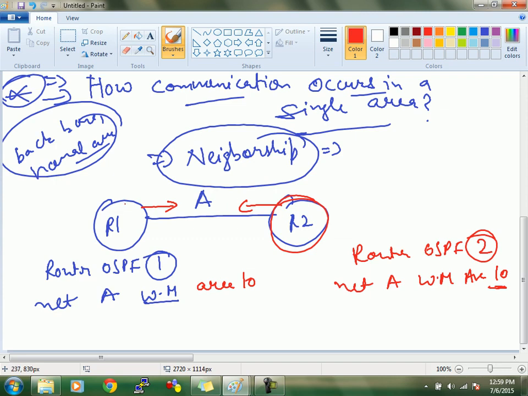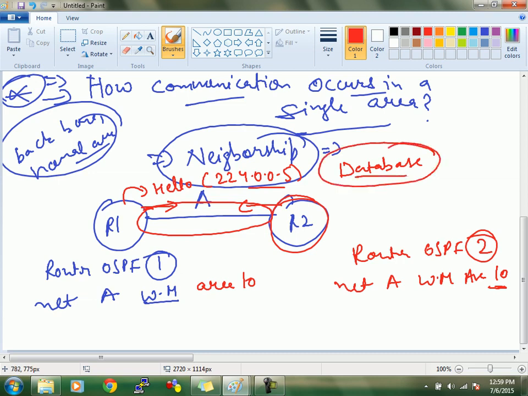First thing, router will start sending hellos, multicast hellos on this particular interface. At what address? 224.0.0.5. And router will include this network in the database. This thing is clear.